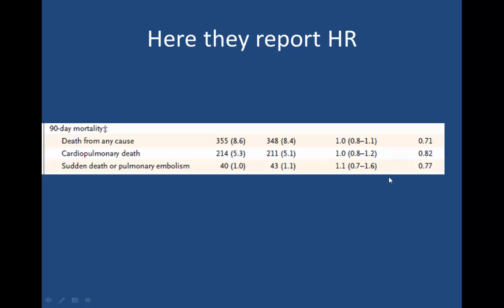Remember, the value of no effect is 1. If it was 0, I would use the 0.7, but it's not. How far away is this number from 1? It's only 0.3. So 0.3% reduction in sudden death or pulmonary embolism in the treatment group compared to the control group, up to a 0.6% increase. So is there statistical significance?